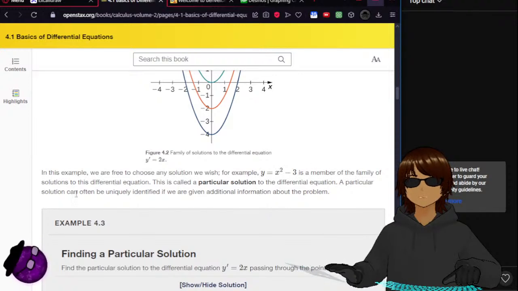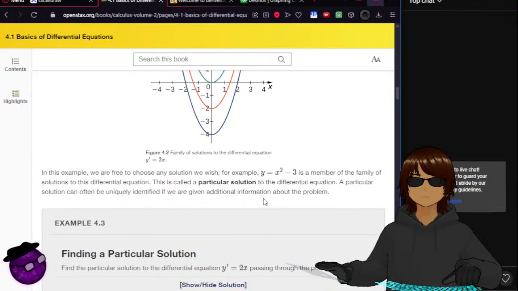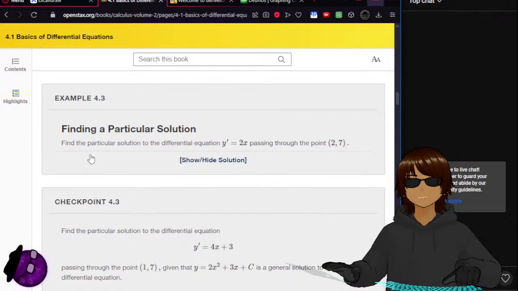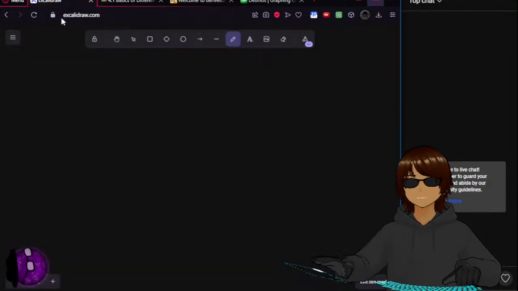A particular solution can often be uniquely identified if we are given additional information about the problem. Find the particular solution to the differential equation passing through the point 2, 7. Let's try this.